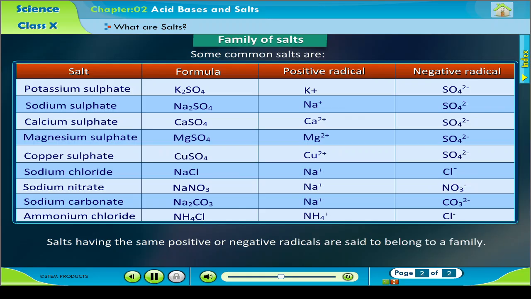Salts having the same positive or negative radicals are said to belong to a family.